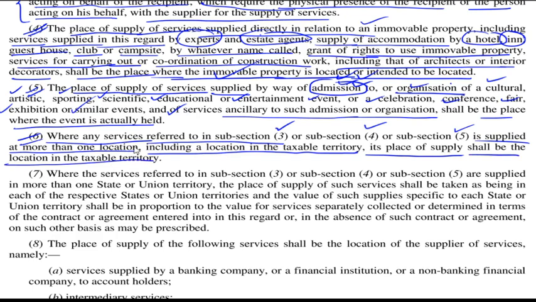So when services referred to in subsections 3, 4, 5 are supplied at more than one location including a location in the taxable territory, its place of supply shall be the location in the taxable territory.